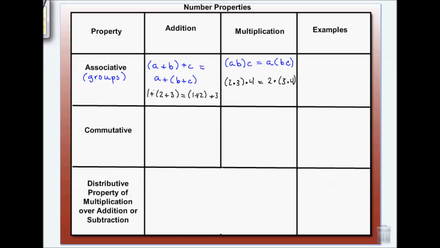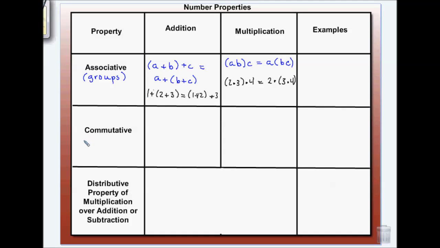Okay, commutative. What's your commute? Like, what's a commute, right? I go from my house to work, and then I go from work to my house. That's my commute. I go back and forth. And the only thing that's different between going from my house to work and from work to my house is that I change directions, right? It's the same distance unless I take weird different routes every day, but we're creatures of habit. We usually go the same path to work every day.